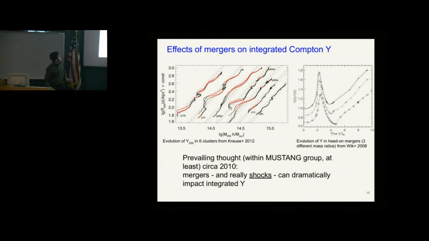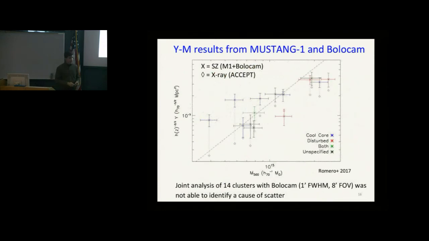All right. So what do we find with Mustang and Bolocam? Well, we were able to produce this YM relation and compare it to an expected one from the literature. There isn't great agreement, but we found no clear correlation with substructure in our maps.